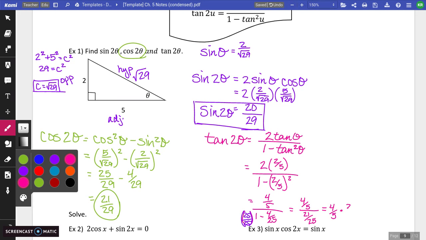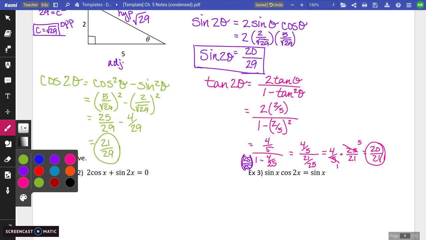So multiply by the reciprocal. Okay. I can do some simplifying here. So this is 20 over 21. Okay, so there is example 1.